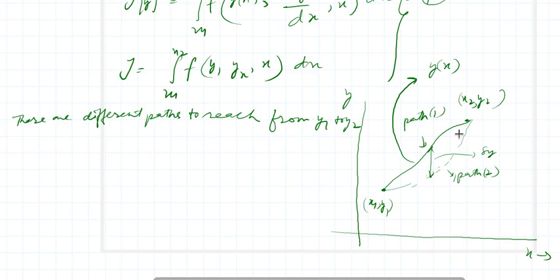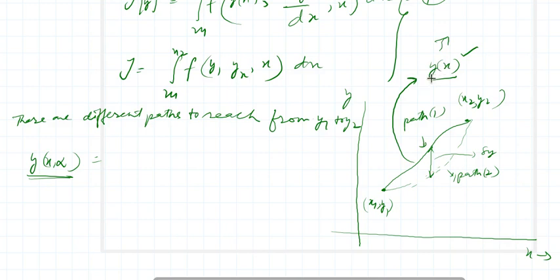So let me do one thing. Rather than considering this, I will consider that y(x, alpha) represents every path. Y(x, alpha) is representing every path, and this is also depending upon alpha.